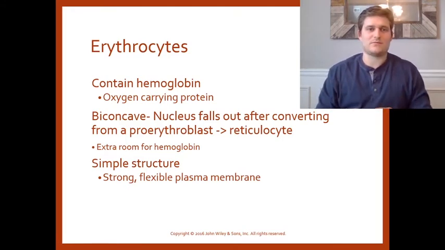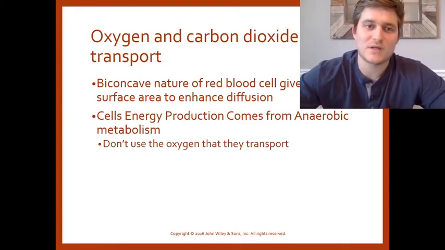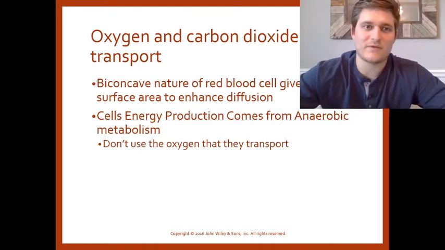These strong cells are going to be able to transport oxygen and play a vital role in our survival. Red blood cells have this very specific function, and in order to maximize that function, the design of that cell is very advantageous.